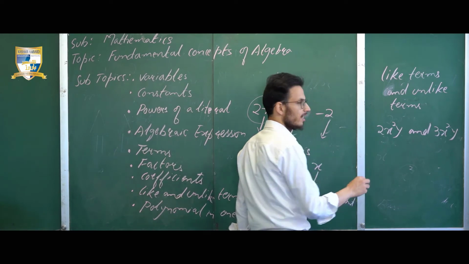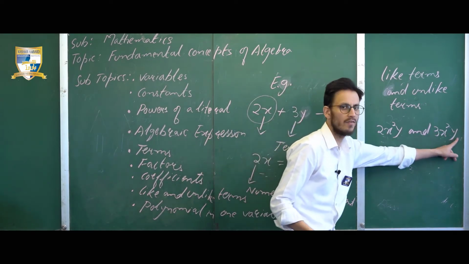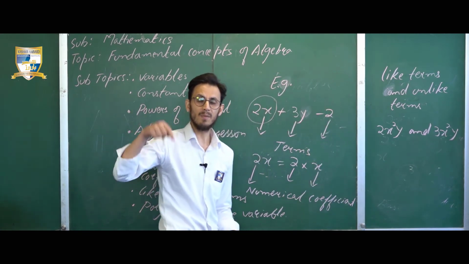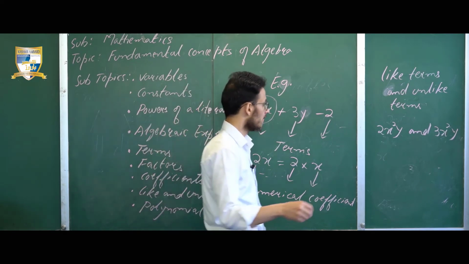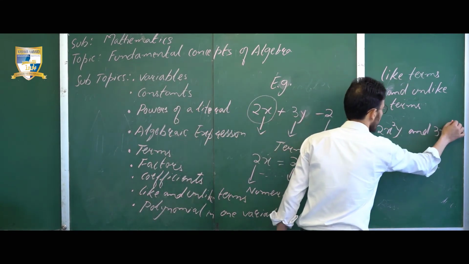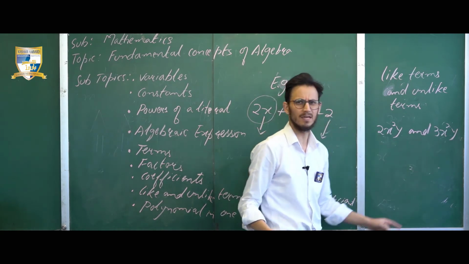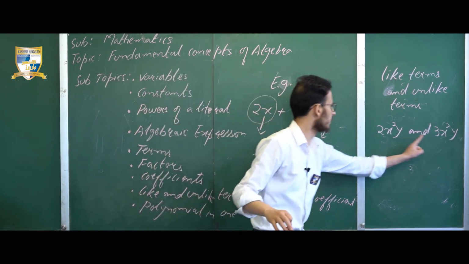Then if the names of the variables are the same, here we have x, here we have x, here we have y, here we have y. So the names of the variables are same. Plus one more thing which is very important to check whether the term is a like term, the power of the variables should be same. Whatever is the numerical coefficient doesn't matter. If the numerical coefficients are same or not same, here we have 2 and 3, they are not same.